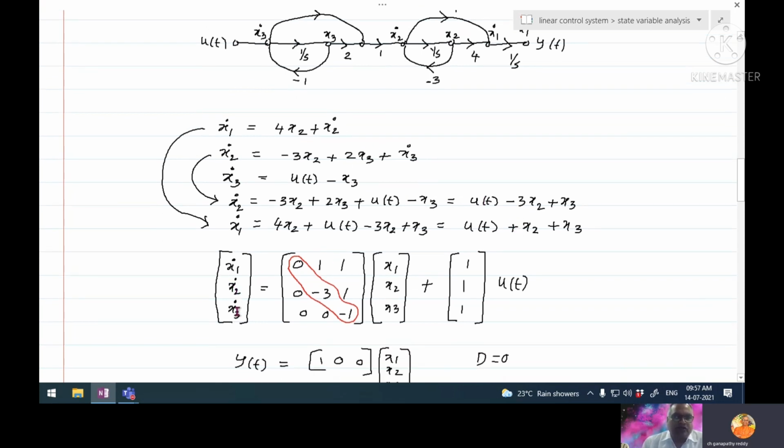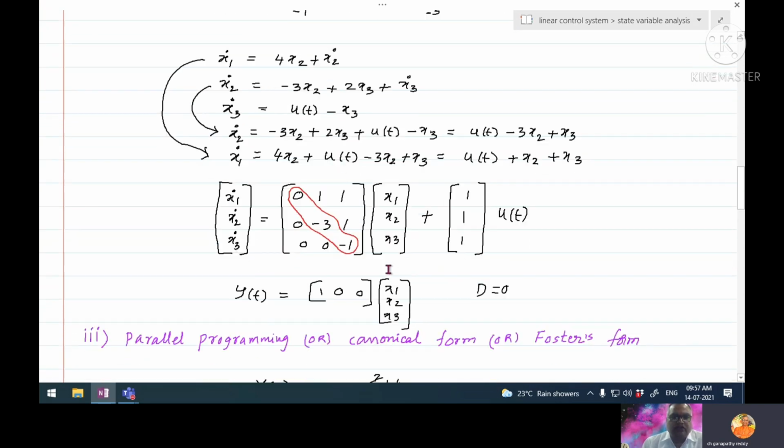Now x1 dot, x2 dot, x3 dot: if I multiply x1, x2, x3, what should I get? x1 dot is 1 into x2, 1 into x3, then 0, then 1 into u of t. Then x2 dot: 0 into x1 becomes 0, minus 3x2 plus x3, plus u of t. Like that x3 dot.